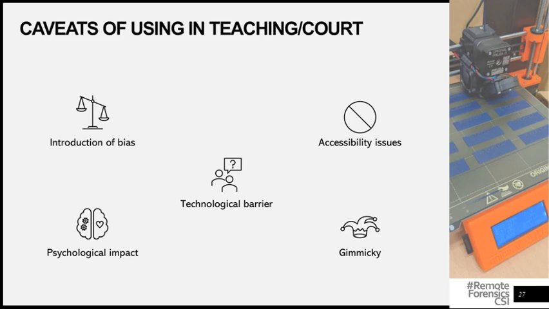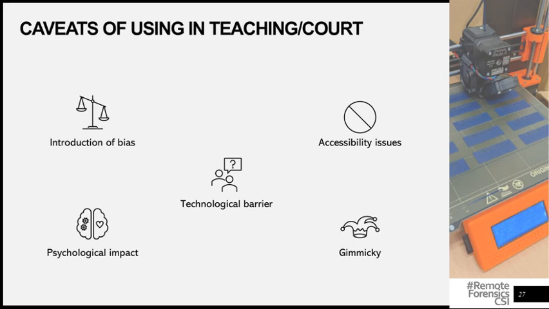And on a similar vein, thinking about the psychological impact, I spoke about this earlier in the week with the SCN, in that people, when they go to court, won't have expected to be presented with a 3D printed skull to hold, and that could be quite psychologically traumatic, not just for the people in the jury who are expected to hold these things and pass them around, but also people who are in the audience within the courtroom. So thinking about our psychological impact there.